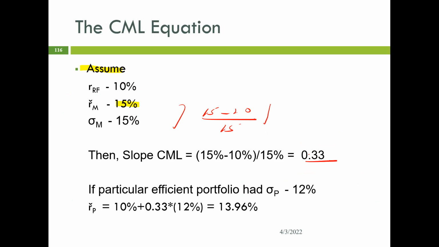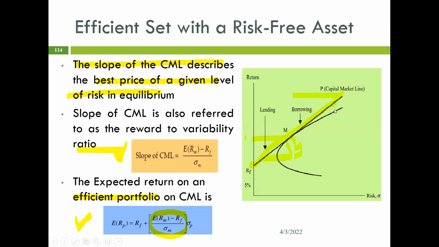So this is the best estimation for the best price for the given level of risk. This is the slope of the capital market line. That's only for the efficient portfolio. Now, in a particular efficient portfolio, assume the standard deviation is 12%. දැන් මේ capital market line එක උඩ තියෙන මොකක් හරි efficient portfolio එකක්, lending portfolio එකක් වෙන්නත් පුළුවන්, borrowing portfolio එකක් වෙන්නත් පුළුවන්.